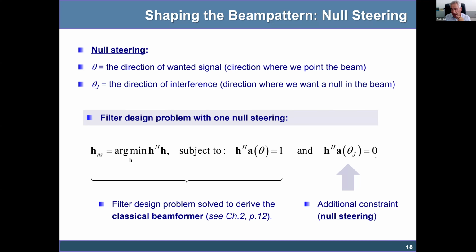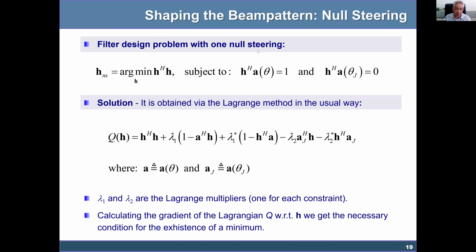So we want to put a null in the beam pattern at the known angle theta j. So we solve this problem, and we solve it by using the Lagrange method. So we have two complex constraints, so we have two Lagrange multipliers, lambda 1, lambda 2.